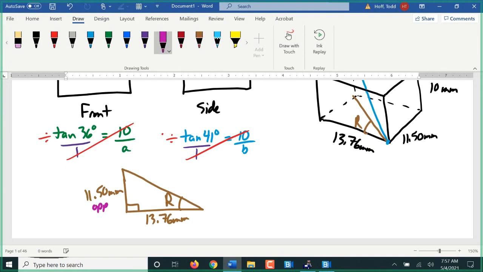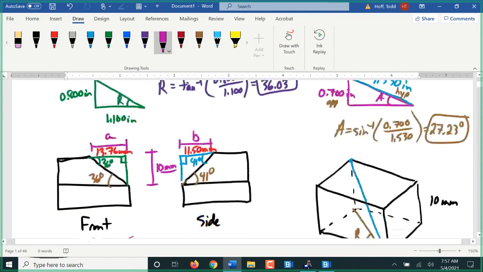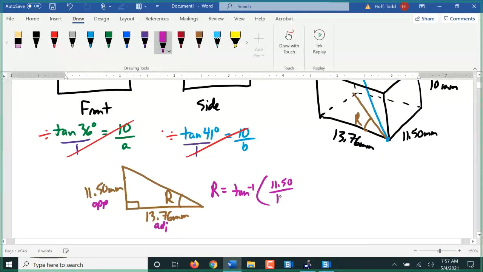What we have here, according to angle R, is the opposite side and the adjacent side, so we're dealing with a tangent. We're looking for the angle, so it is an inverse tangent. The opposite side is the 11.50, over the adjacent side of 13.76.